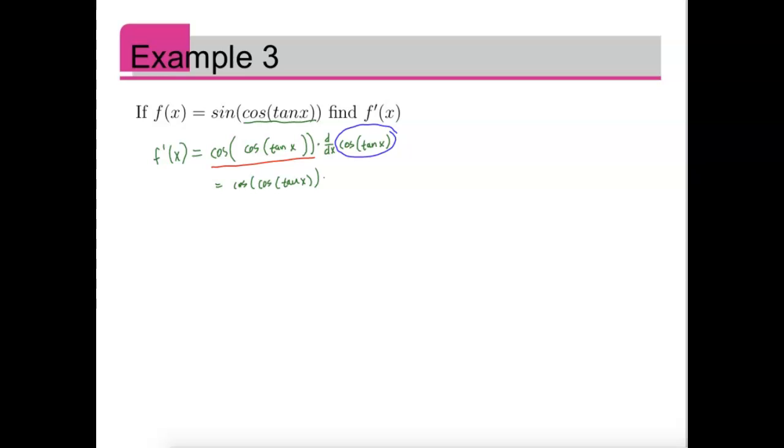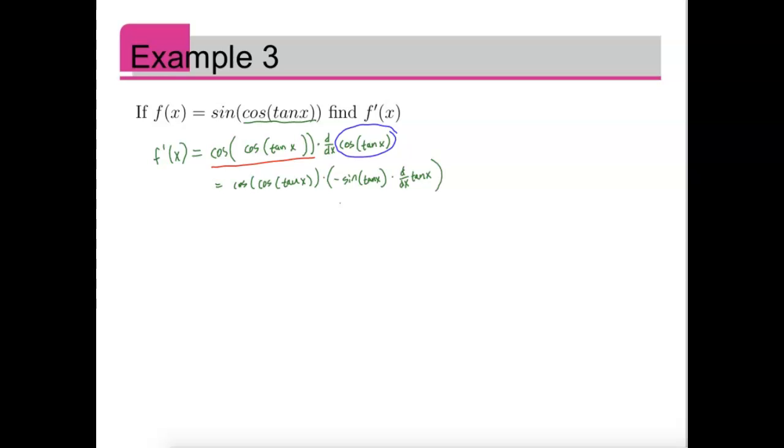So derivative of cosine is, so times negative sine of, what goes in those parentheses? Good, tangent. Because we're using the chain rule. So it's the derivative of the outside with the inside function left alone times the derivative of the inside function. So the inside function in that case is tangent.